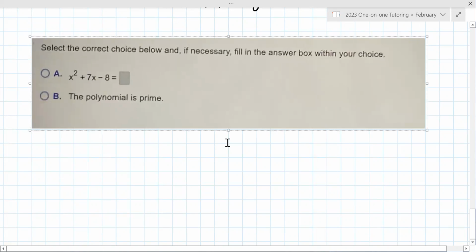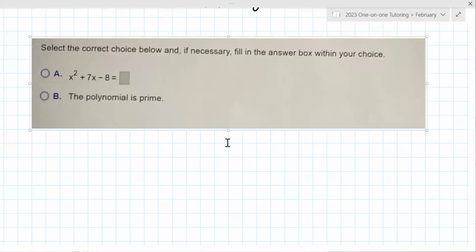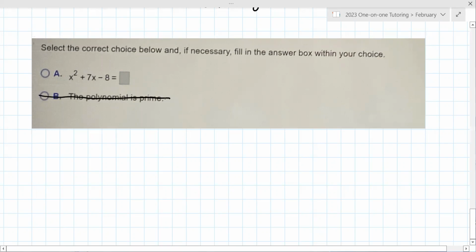So, right. So the question here is just asking you to factor, and this one is not prime. Okay. Do you remember the type that this is based on this form? 3 terms. It's got a 1 in front.